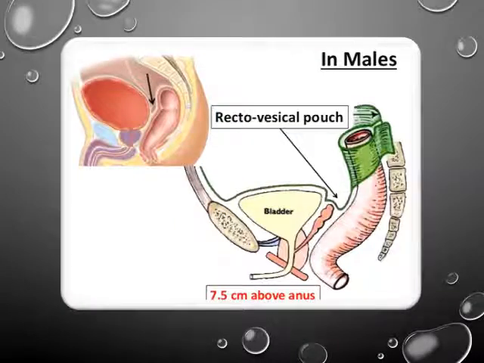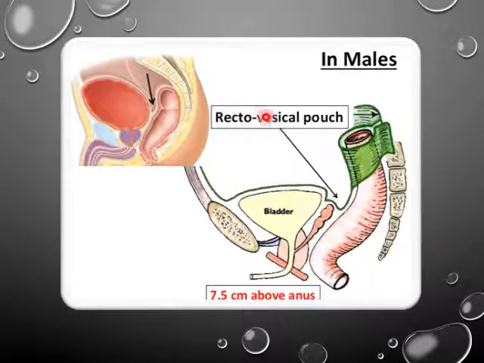Now let us see a close up of the things we have discussed until now in case of males. So we have only two pelvic organs, the rectum and bladder. It is covering the rectum, forming a pouch here in between the rectum and bladder. This is called the rectovesical pouch.